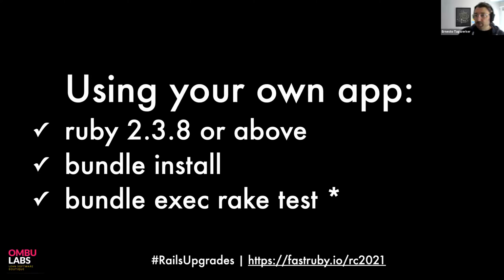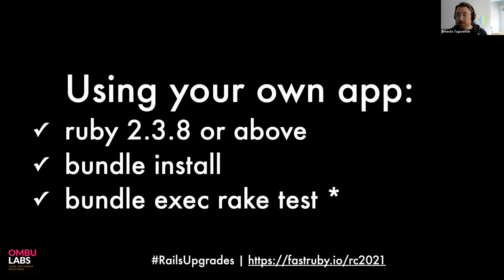If you are using your own app, we want you to be using at least Ruby 2.3. And we do that because Next Rails, the tool we're going to be using today, is not compatible with older Rubies. And we want you to be able to bundle install your current application. That's pretty basic.